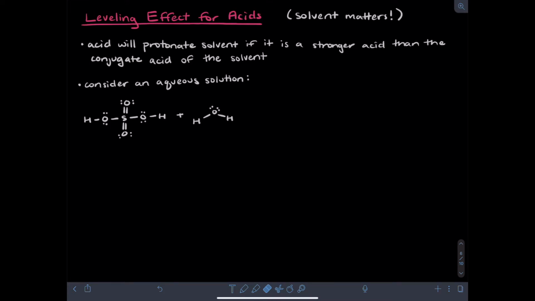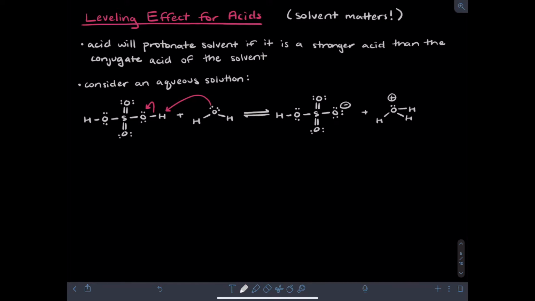Let's consider an aqueous solution of sulfuric acid. Here I would have H2SO4 and water present. I want to show the curved arrow mechanism. Here I'm using water as my base to deprotonate sulfuric acid.